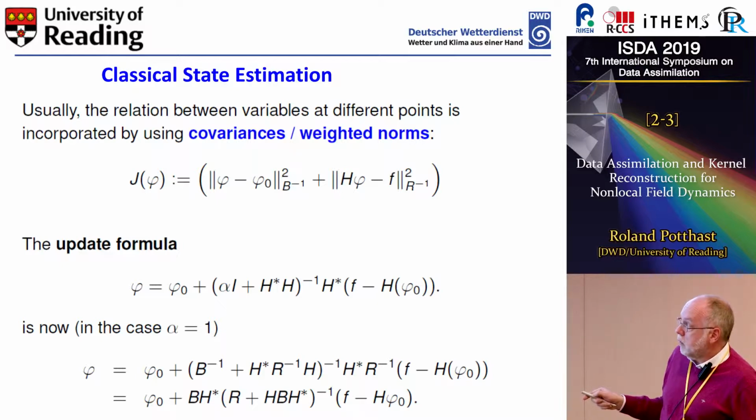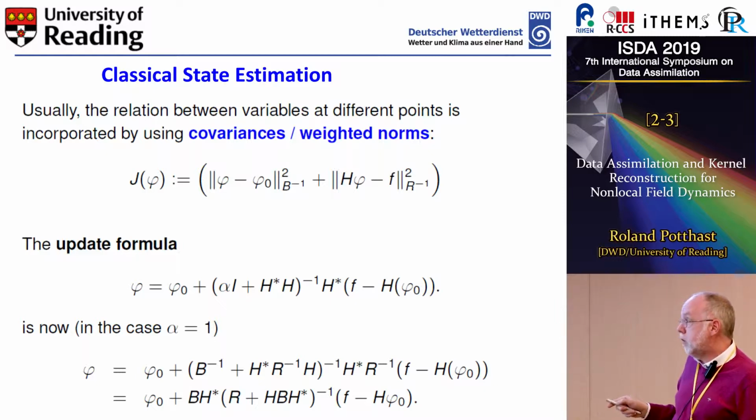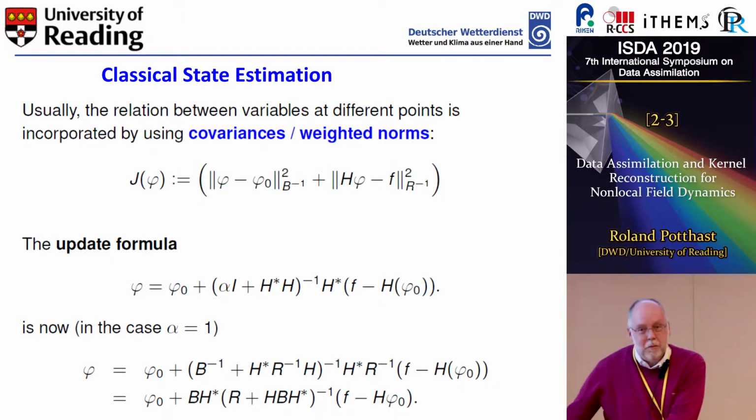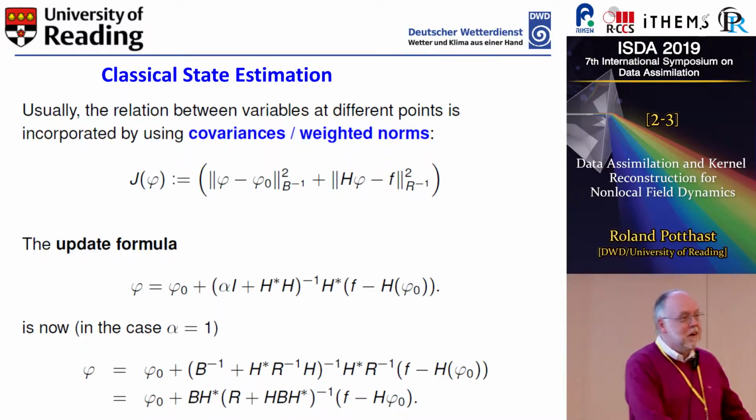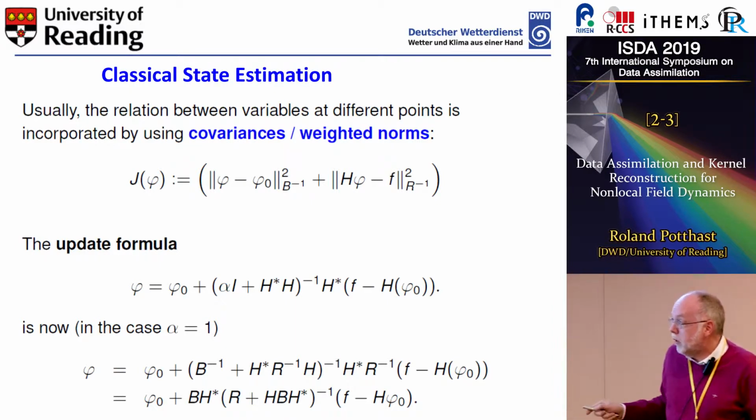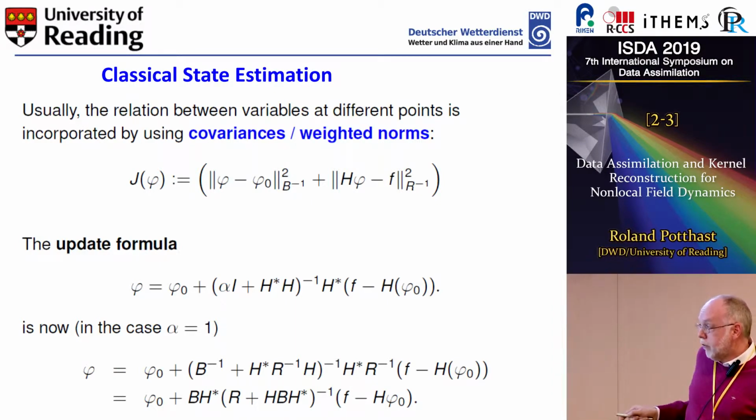And here phi I call some kind of initial state or first guess, and then phi is the minimizer. I minimize over phi here. You all know this type of update formula. It's called Tikhonov regularization in one community. It's called 3D-Var or 4D-Var if you do this over time as well in the other community. And you could write it in different forms like this.